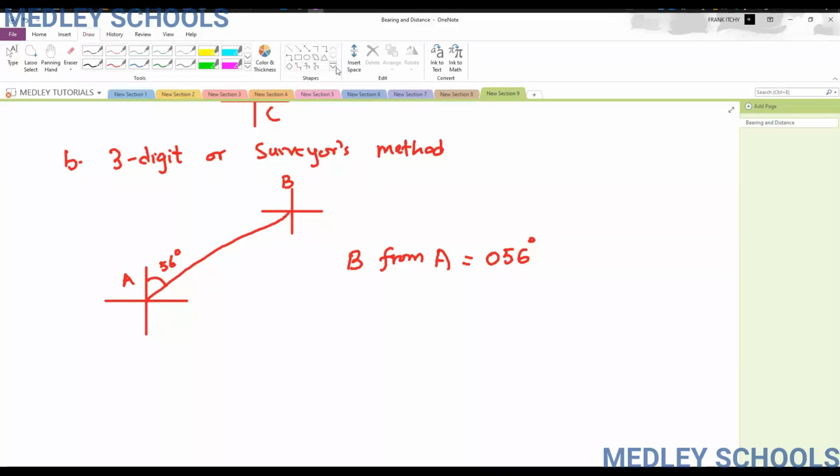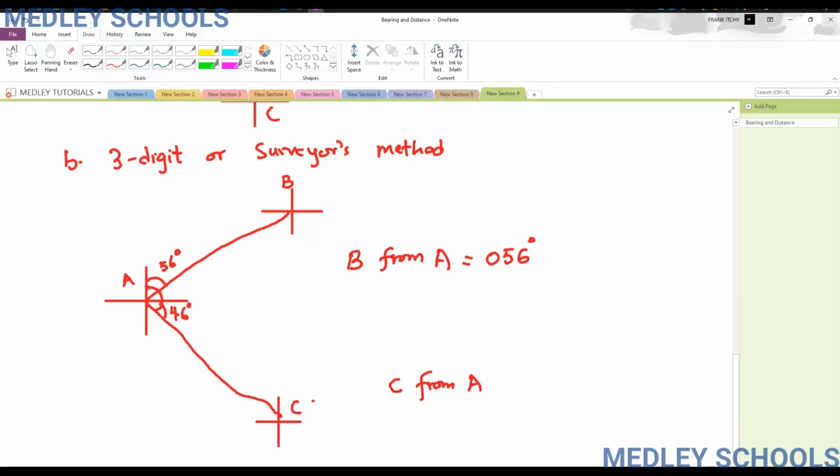Now this is how to write it in 3 digits or surveyor's method. Just like what we have above, if we have another point C here, and this is connected to this and connected to this, and I have this part to be 46 just as I have it the other time. That means the bearing of C from A, I'm going to read it from north, that is from here down to the line.